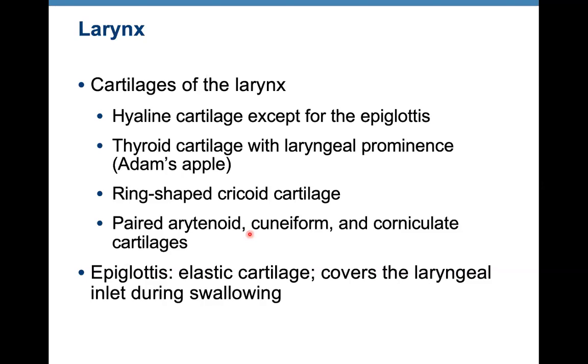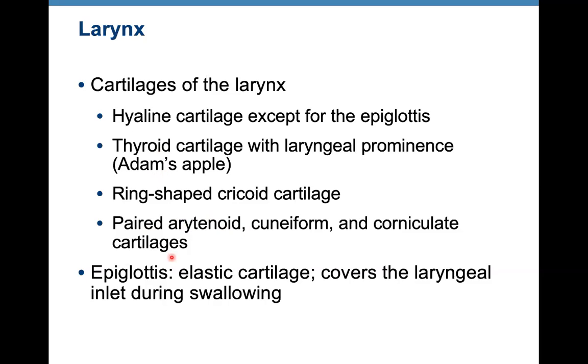The thyroid cartilage, which is hyaline, will form the laryngeal prominence, which is often referred to as the Adam's apple. You will then have a ring-shaped cricoid cartilage, and paired arytenoid, cuneiform, and corniculate cartilages. And again, these structures, thyroid cartilage, cricoid, arytenoid, cuneiform, and corniculate cartilages, all form the structure of the larynx.